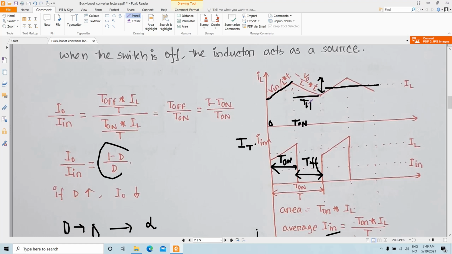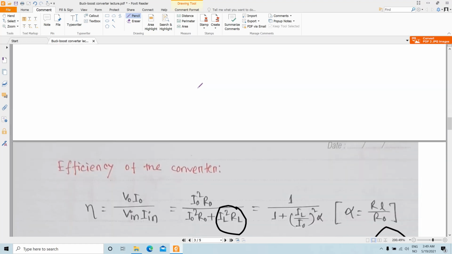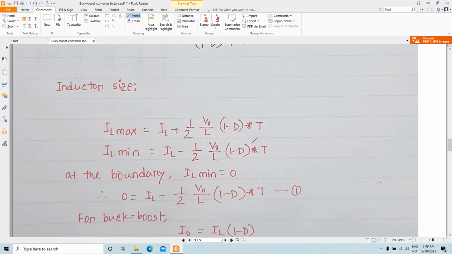Now we can write T off as 1 minus D multiplied by T. So this is the portion corresponding to T off, and this is the portion corresponding to the slope, and this is half of it plus IL, or the average inductor current.